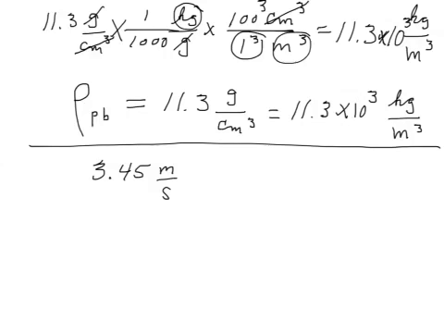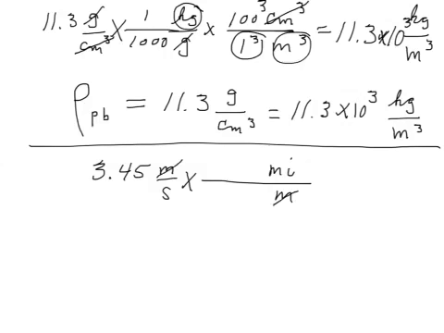And because of the space issue, I'll do it in a series of steps. The first thing I'll do is convert the meters to miles. So that means I need miles here, and I need meters in the denominator, and I'm going to multiply by this factor, and the meters cancel.